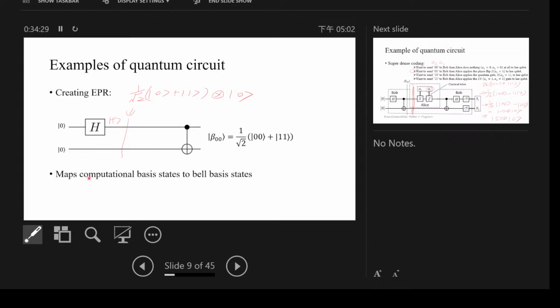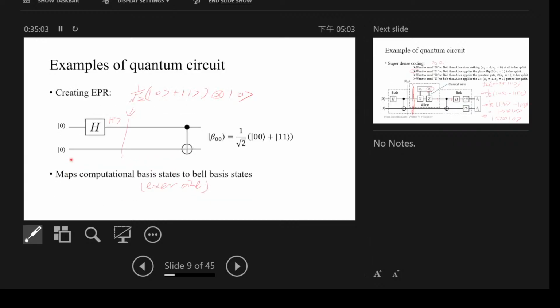Okay. And then this other thing you can check yourself. As an exercise, you can check that this circuit maps a computational basis state to Bell basis states. And this is something that we'll use a lot. Actually, we have already used this when we constructed superdense coding and teleportation, which we will see very soon.